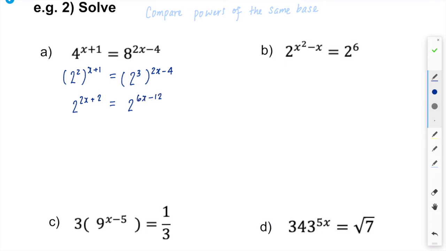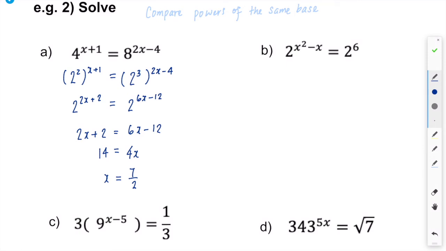Okay. So now I have powers of 2 on both the left side and right side of the equation. Let's compare the exponents and solve. So 6x minus 2x is 4x. 2 plus 12 is 14. Therefore, x is 7/2. Good.